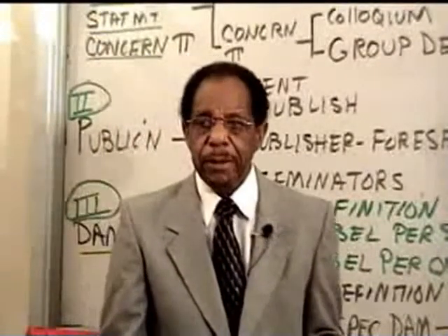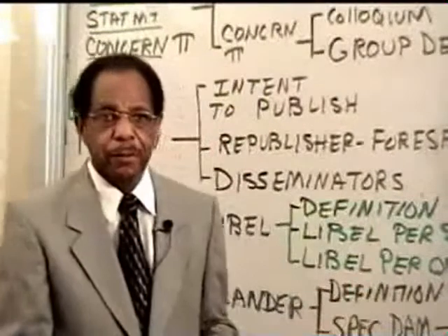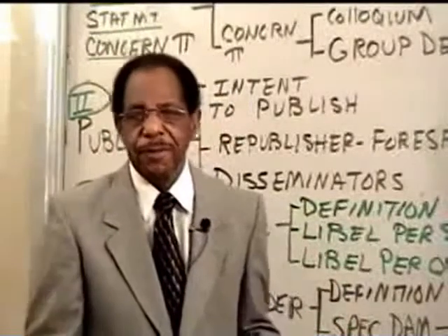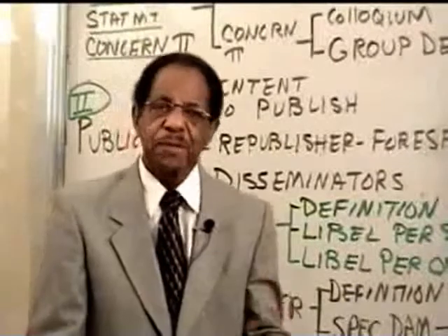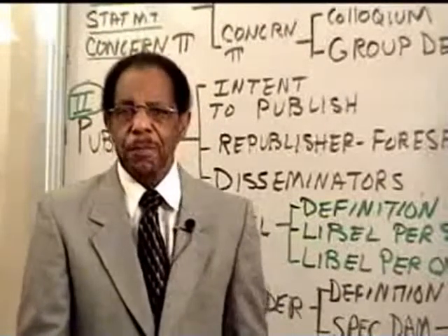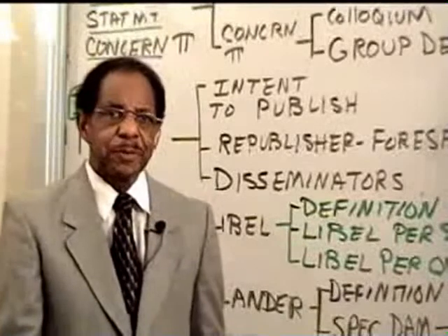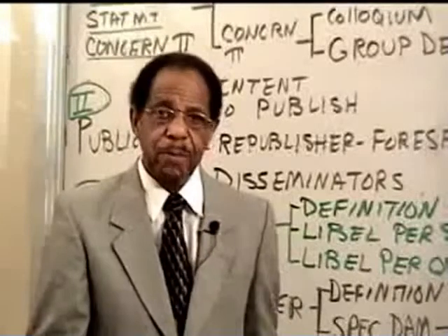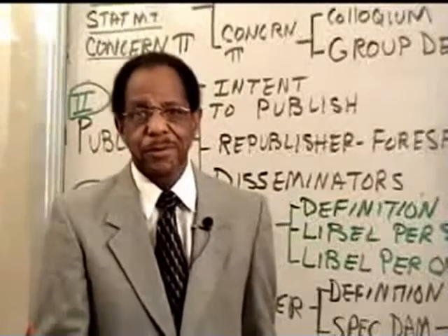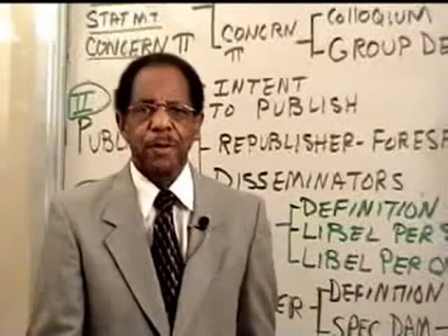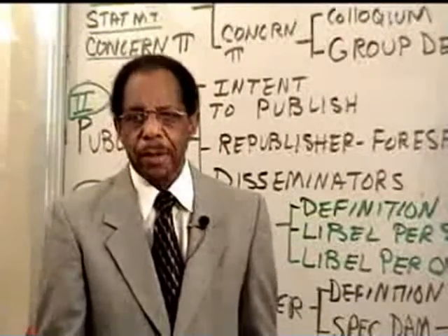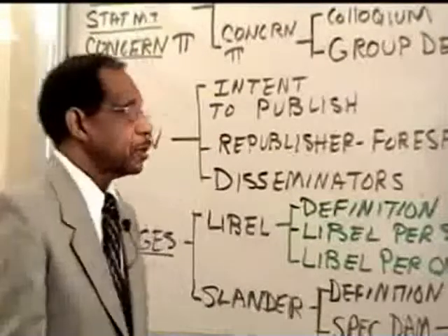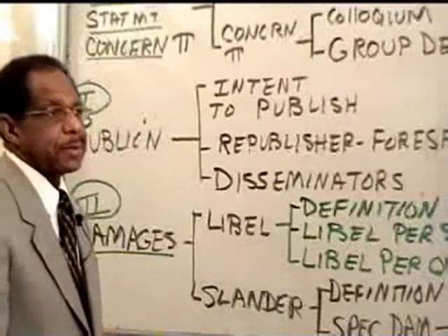On the other hand, if you named a particular medical group, the Jones Medical Group got a bunch of butcher surgeons, and there's only half a dozen surgeons in that group, that is probably enough so that a reasonable person would think that any one member of that group was a butcher. So if the group is small enough that a reasonable person would believe that it applied to a particular member, that member can sue. So the group needs to be fairly small, but there's no fixed number.